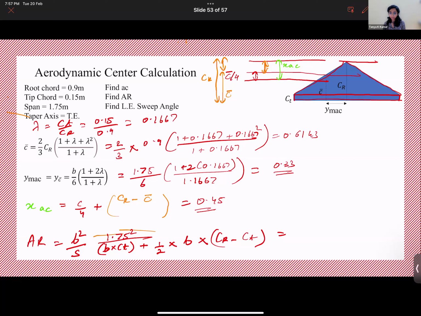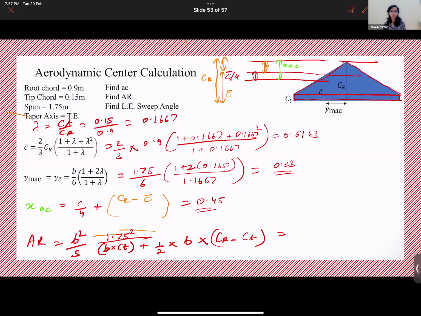And the value, aspect ratio value is 40.16.